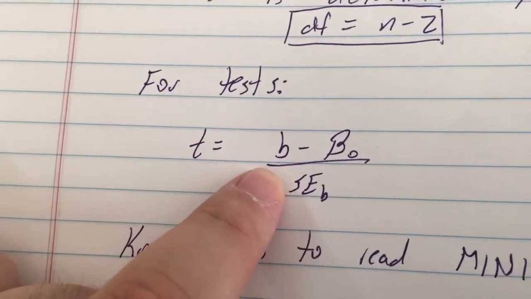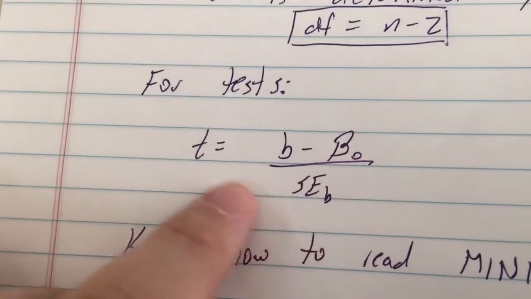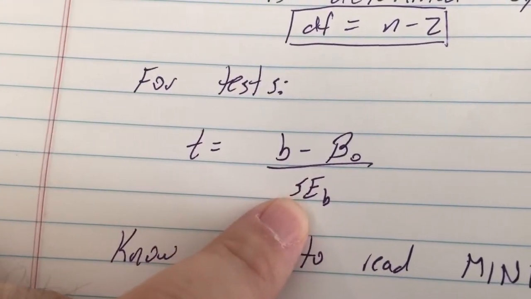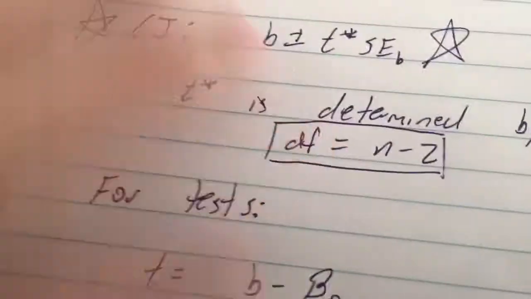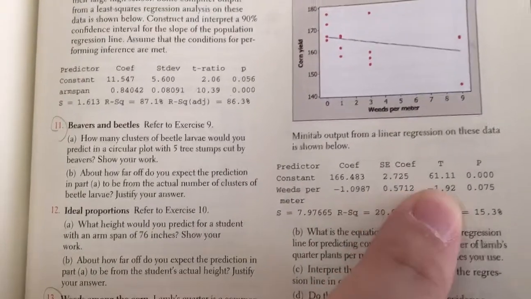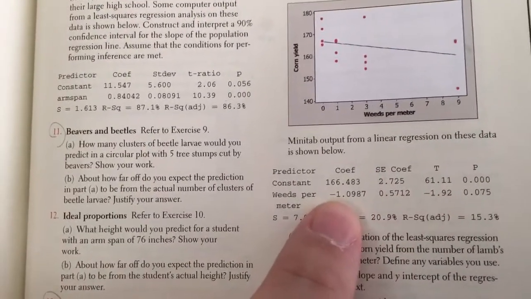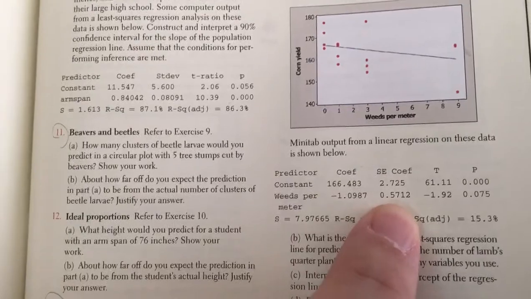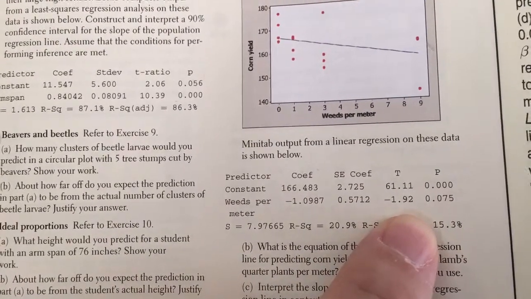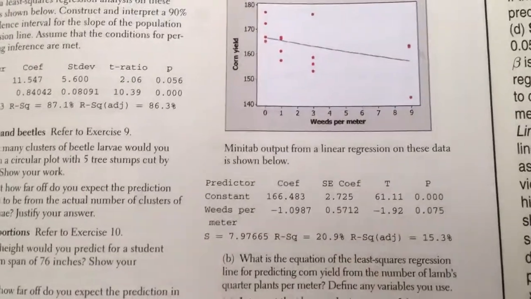So essentially, since this is almost always 0, the t-score is equal to the sample slope divided by the standard error. So sure enough, the sample slope divided by standard error, this number divided by that number equals that. Negative 1.0987 divided by 0.5712 equals negative 1.92. And that's going to be the case for all of these.